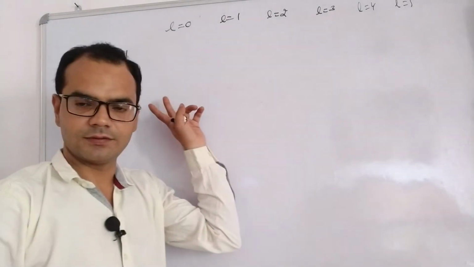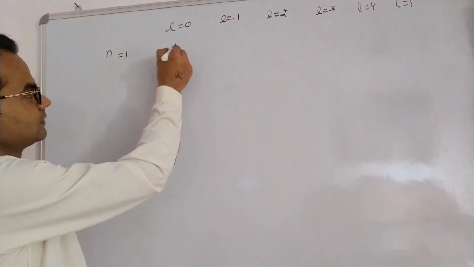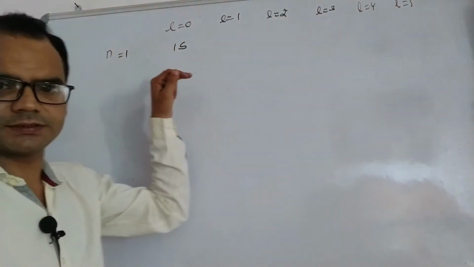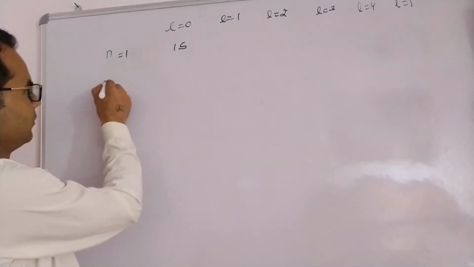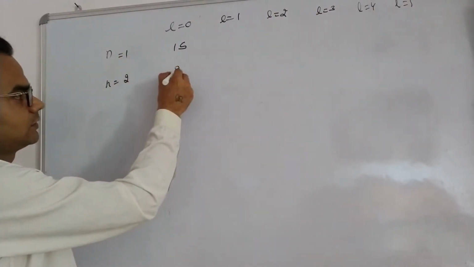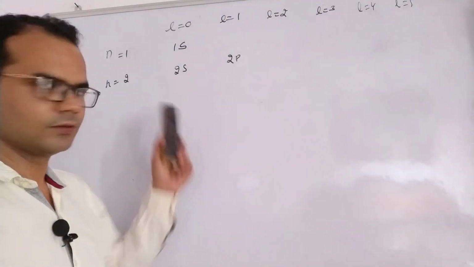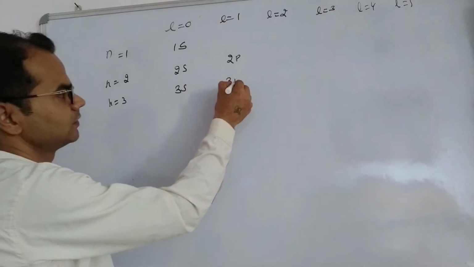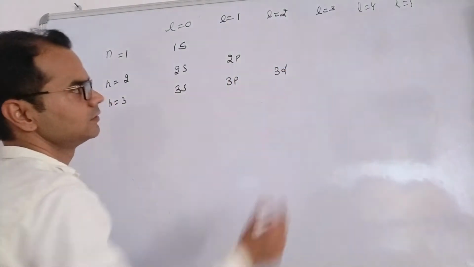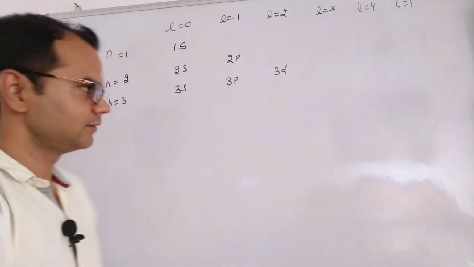Easy. So if N is 1, then subshell is 1s, the first shell contains only one subshell. For N equal to 2, subshells are 2s and 2p. For N equal to 3, subshells are 3s, 3p, 3d. We have understood it in a previous lecture.